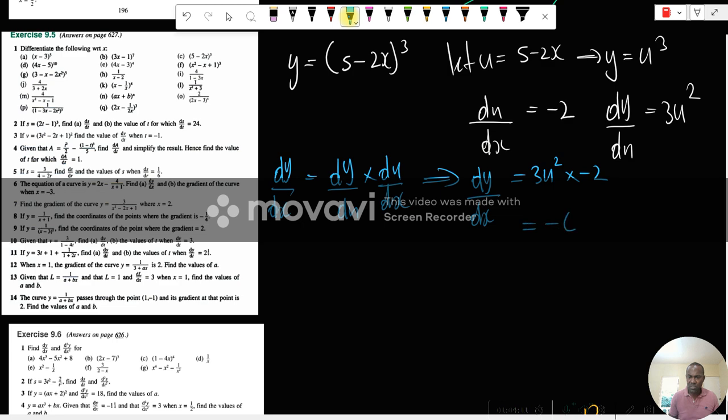So this becomes minus 6u squared. But of course, u is equal to 5 minus 2x. So this is the same thing as minus 6 bracket 5 minus 2x squared. Right? So that is this one here. So dy by dx is equal to minus 6 open bracket 5 minus 2x all squared.